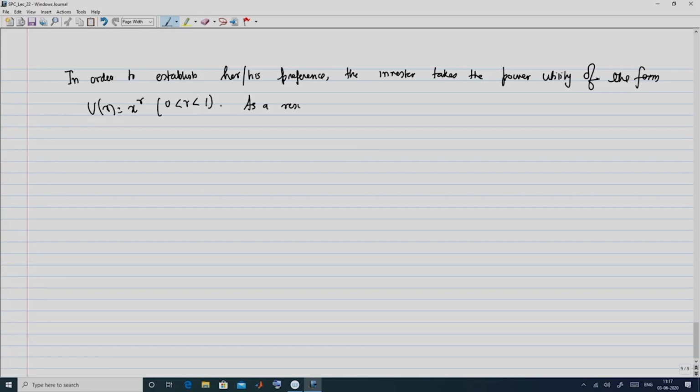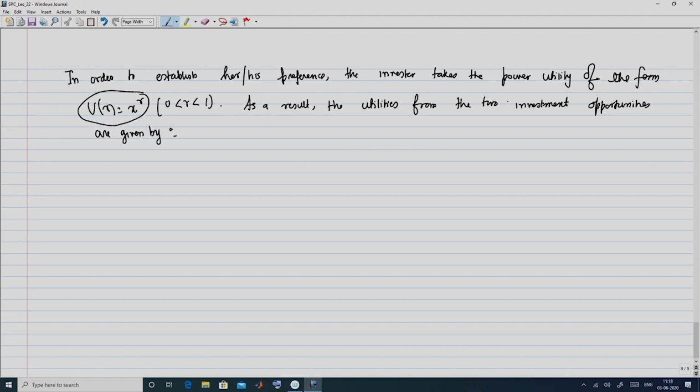As a result, the utilities from the two investment opportunities are given by the following. So, the utility u(x) is equal to x raised to gamma.